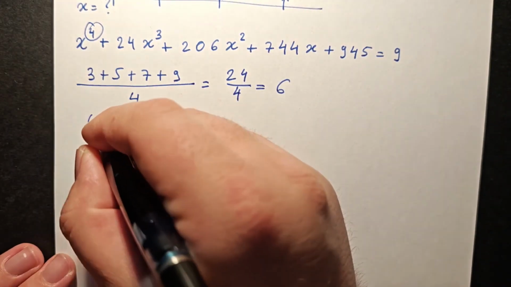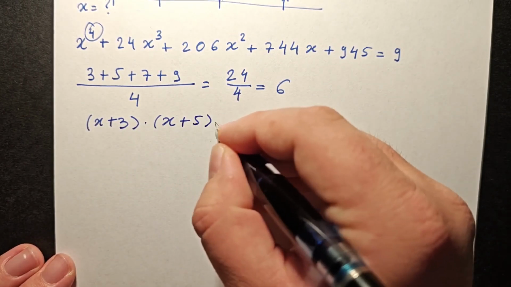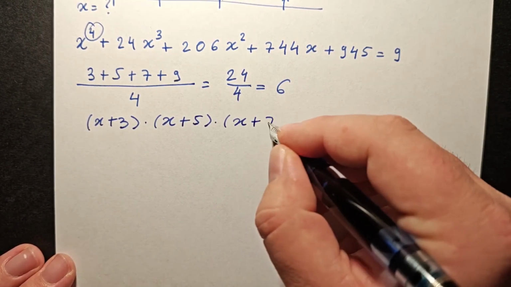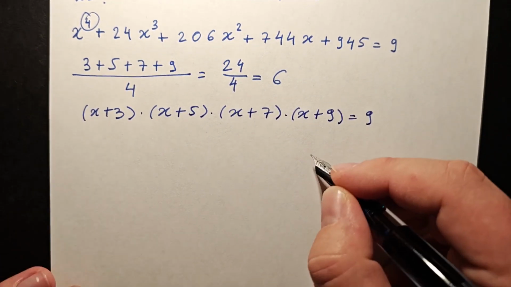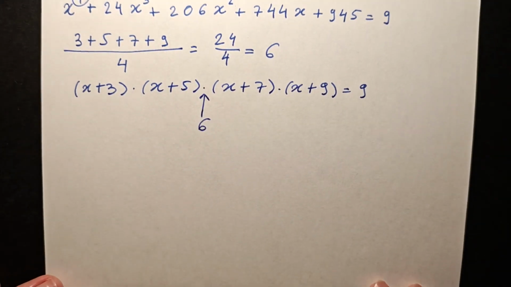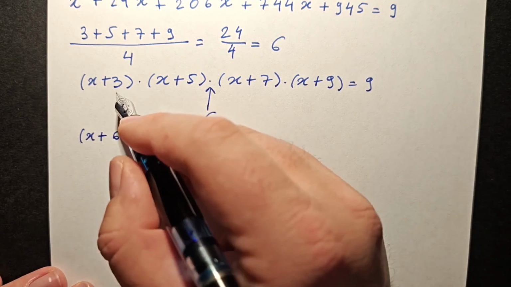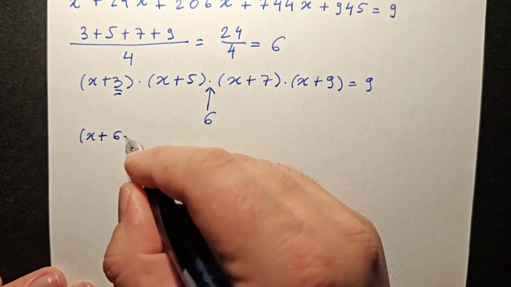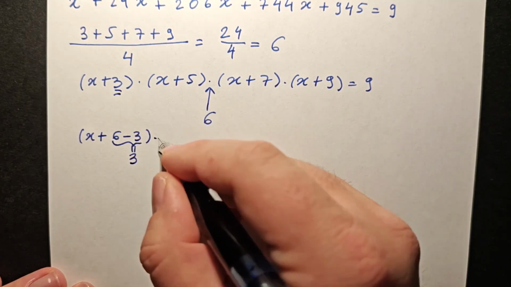So we have (x + 3)(x + 5)(x + 7)(x + 9) = 9, and we are going to center that around the number 6. We are getting (x + 6) minus 3, since 6 minus 3 is equal to 3.